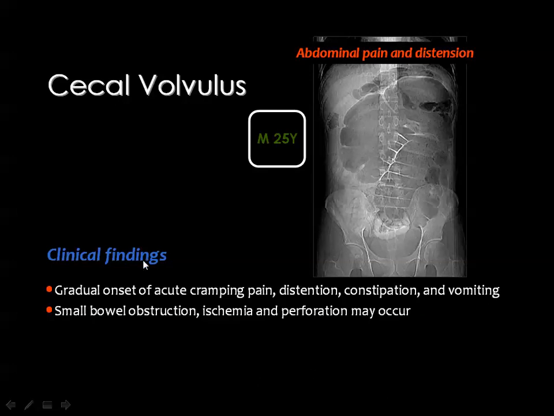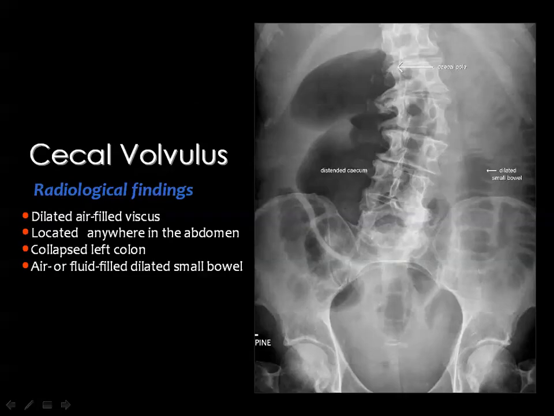The clinical findings include gradual onset of acute cramping pain, distension, constipation, and vomiting. Then the small bowel obstruction, ischemia, and perforation as seen in sigmoid volvulus.